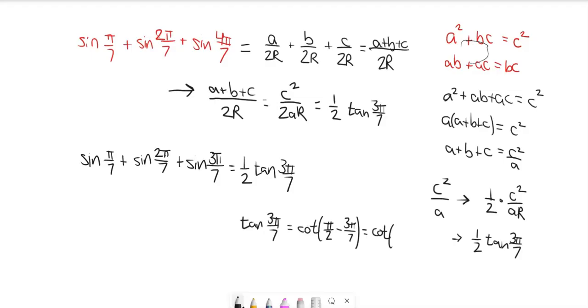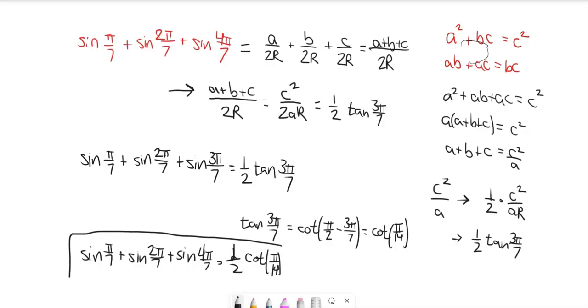So if we subtract those, we get pi over 14. So therefore, the sine of pi over 7 plus the sine of 2 pi over 7 plus the sine of 4 pi over 7 equals 1/2 cotangent of pi over 14.